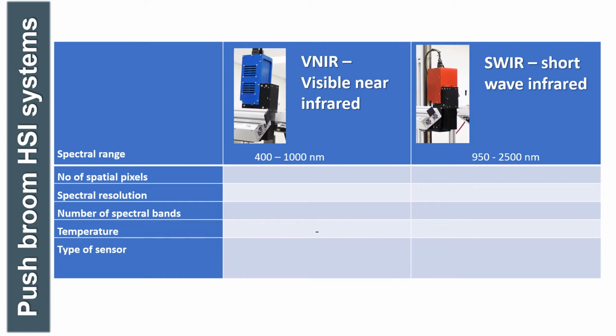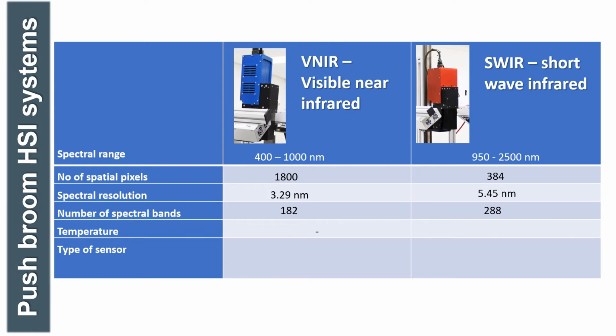Every image in the VNIR has 1800 pixels in a line and 384 for the SWIR. The spectral resolution for the VNIR is 3.29 nanometers, and for the SWIR it's 5.45 nanometers. This results in 182 bands for the VNIR and 288 wave bands for the SWIR.